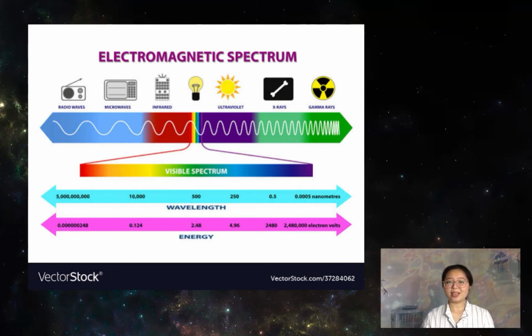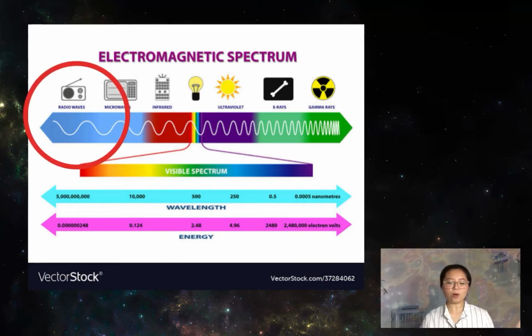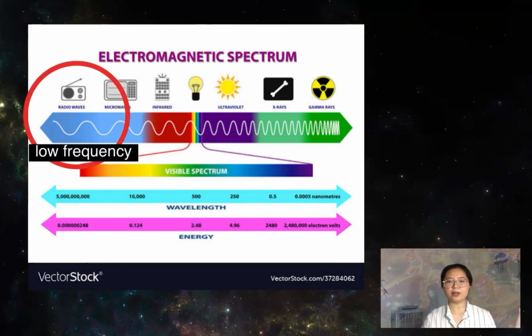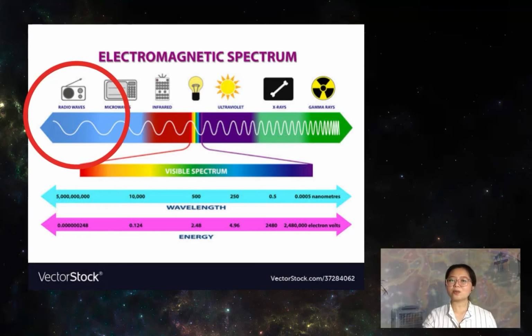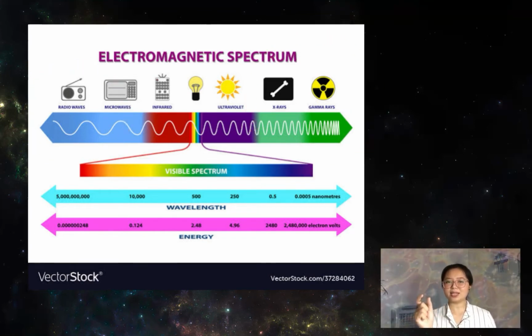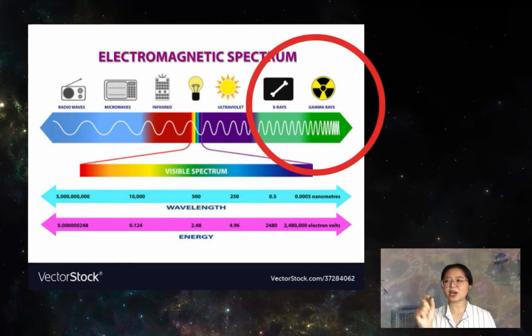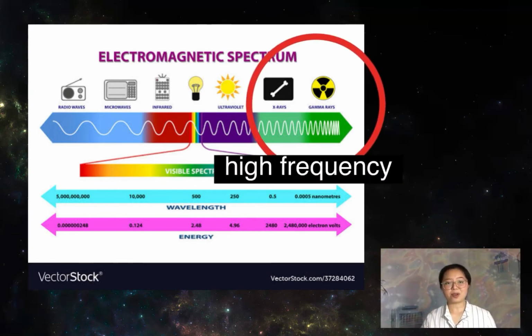So we can infer that the one with the long wavelength, let's have the radio wave as an example, has low frequency, okay? And the one with the short wavelength, let's say the X-ray and the gamma rays, they actually have a high frequency.